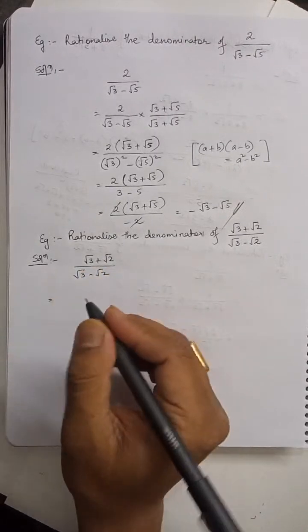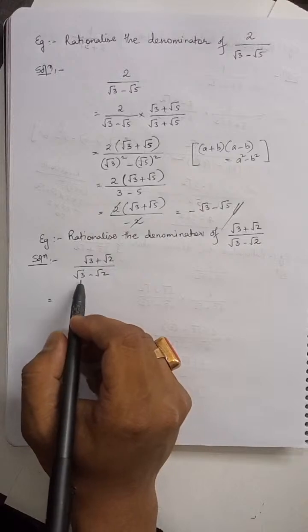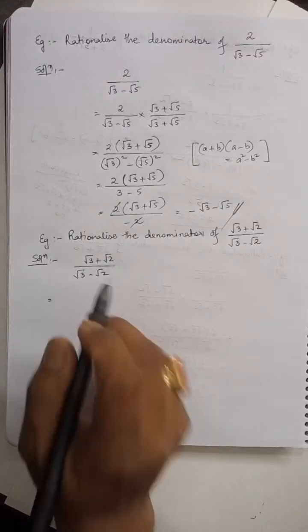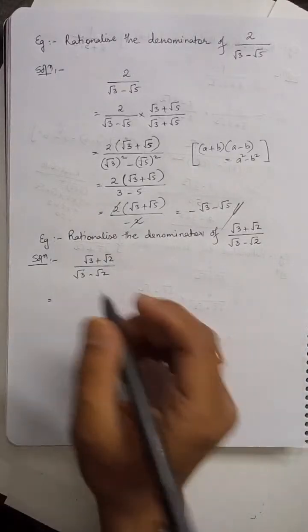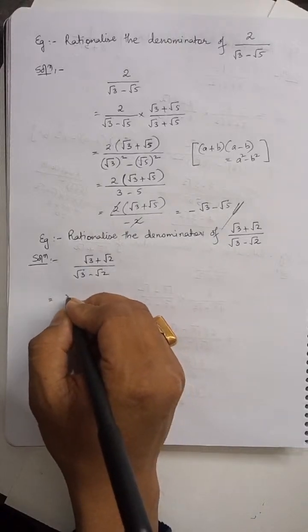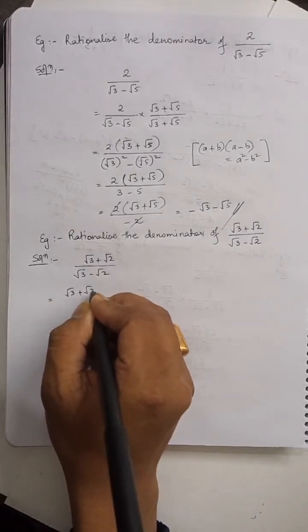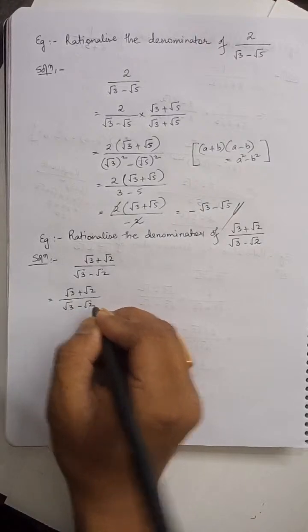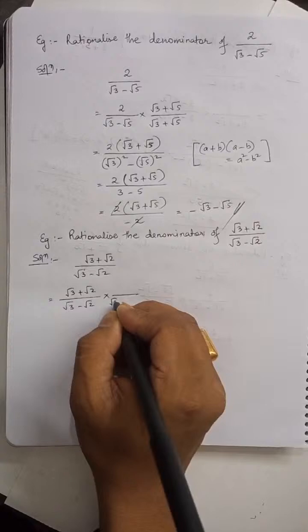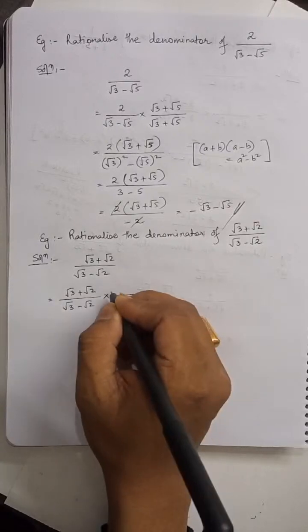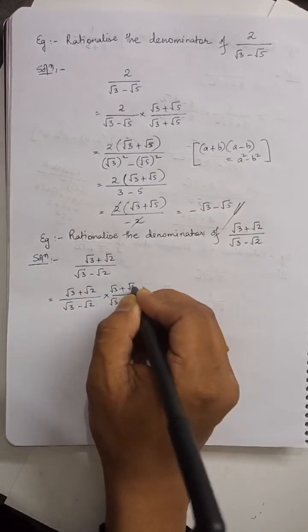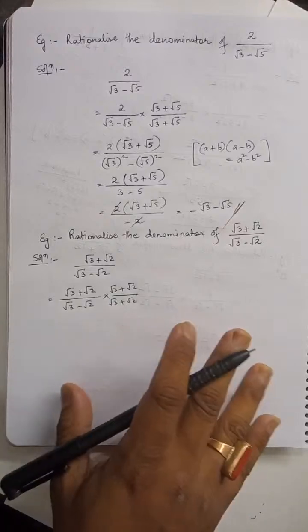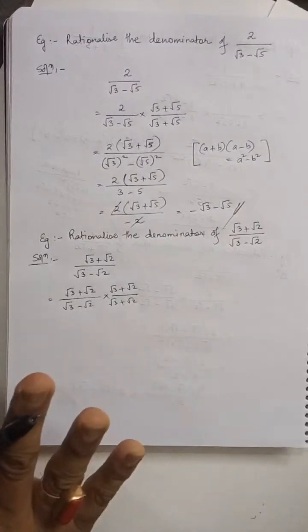So what does our rule say? If we have negative sign in between, we have to multiply it by the positive sign. Root over 3 or root over 2, so we have to multiply. Okay, just a minute. So we'll multiply it by what? Root over 3 plus root over 2 and root over 3 plus root over 2. So in the next step we are going to use two identities at the same time.